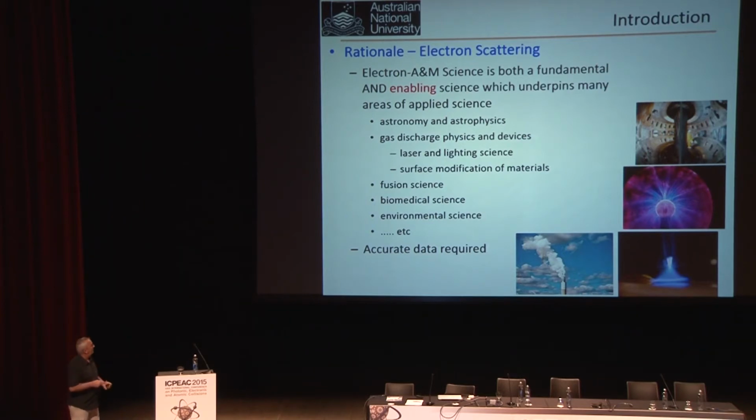Electron, atomic and molecular science is both a fundamental science and really an enabling science, because it underpins many technological and environmental activities, and there's just a few that I've listed here.